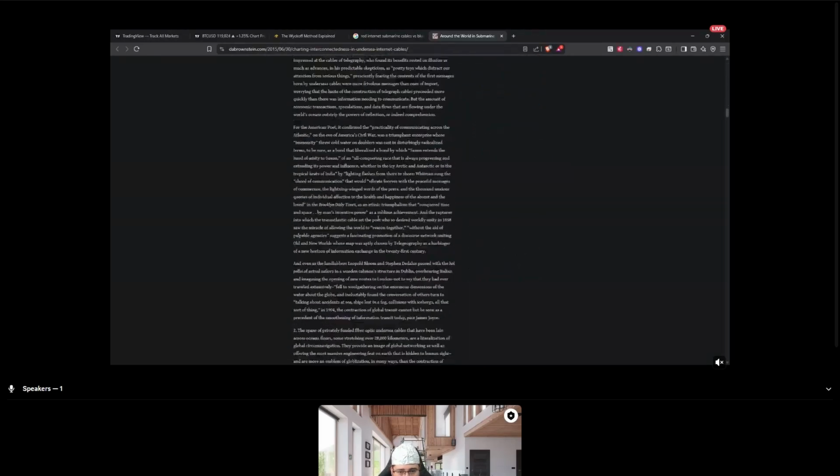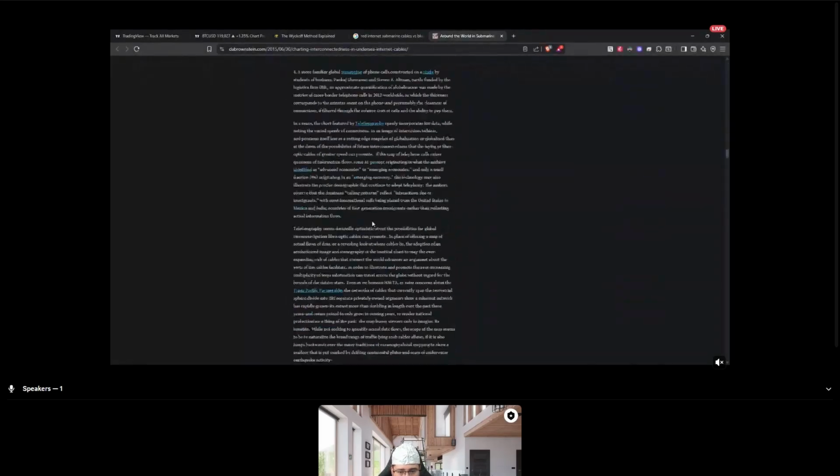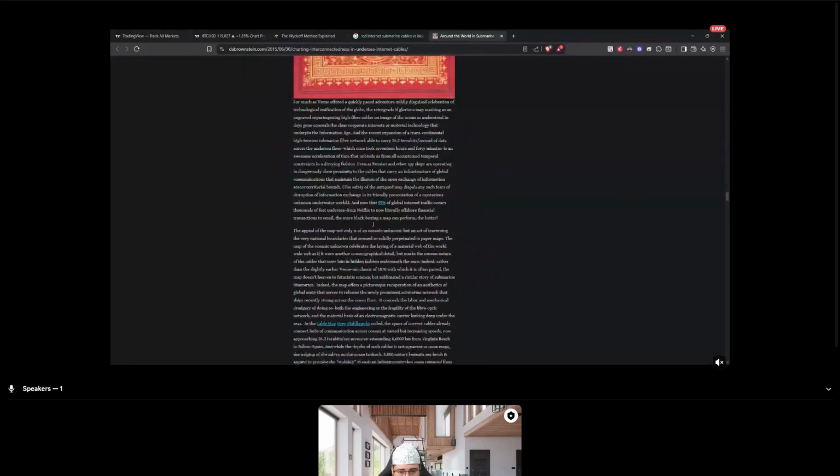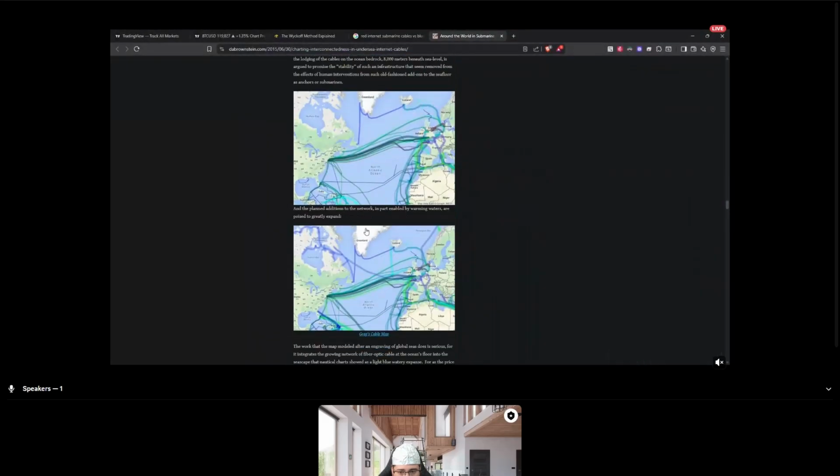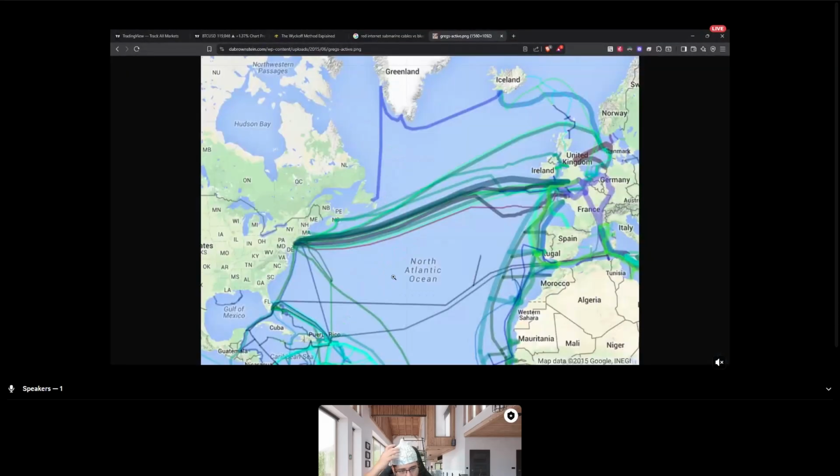Come on, get me to the picture. All right, perfect, this is it. This is a hand-painted one. The only thing you need to look at is the Cuban submarine cables.